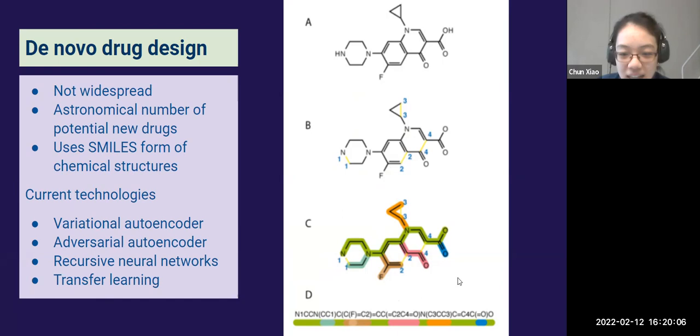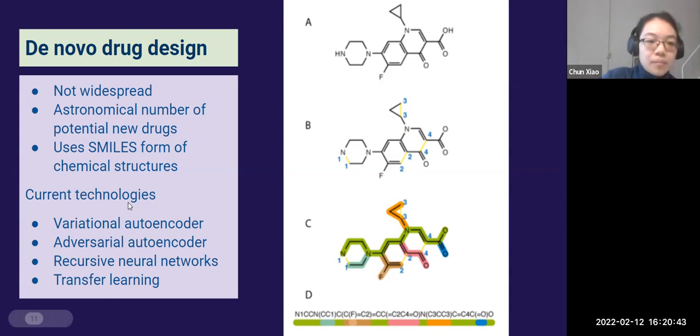I can't see very clearly because the zoom bar below is blocking my mouse, but I think you can see it clearly. Down here, you can write a string of ASCII symbols that represent the structure of the drug in a single line. This is the way to tell the computer what the drug looks like, and that is how a computer understands the structure of a chemical. So this format is called SMILES.